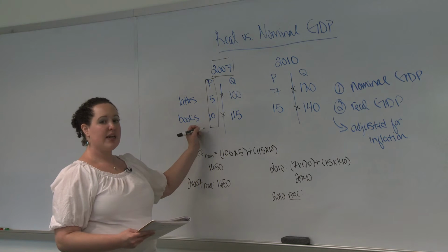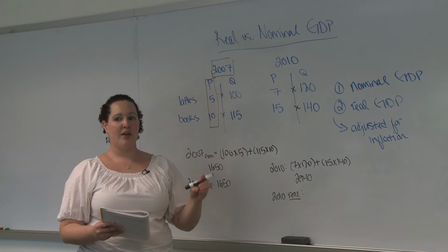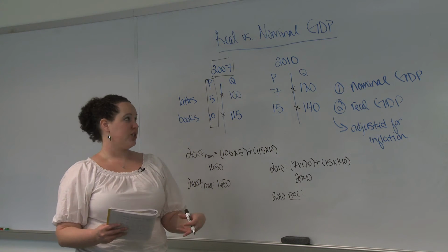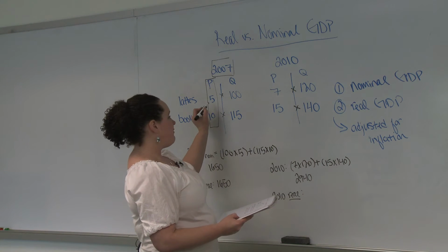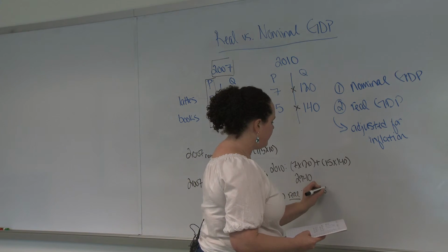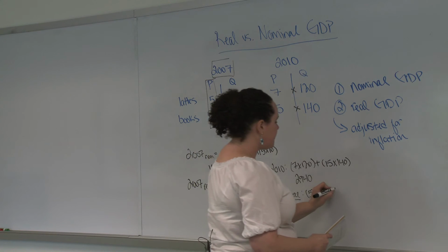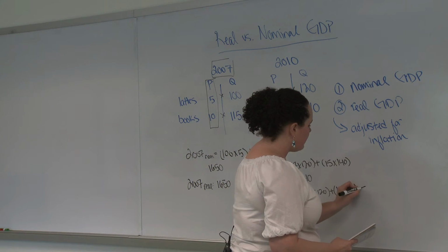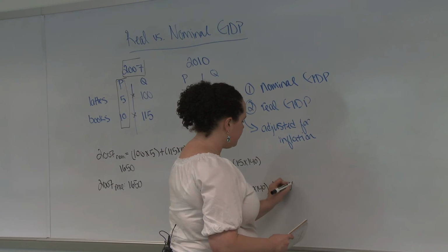So by holding prices constant, real GDP gives us a more accurate measure of the amount of output that we're producing, and it's not affected by changes in price. So our real GDP would be 5 times 120 plus 10 times 140. And we would get a real GDP in 2010 of 2,000.